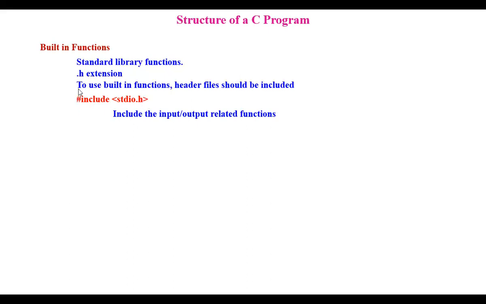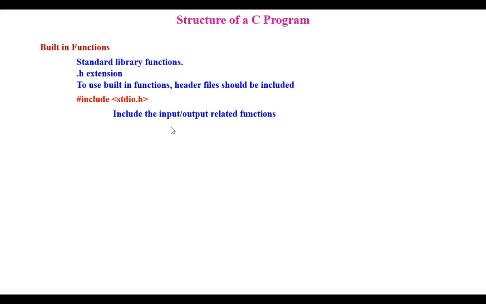This is the syntax. Syntax means it is a rule, a format or a rule to write a particular thing. So this is the syntax to include a header file in the program: hash include, angle brackets, and stdio.h. Whatever functions are available in this stdio.h file can be utilized in your particular program.